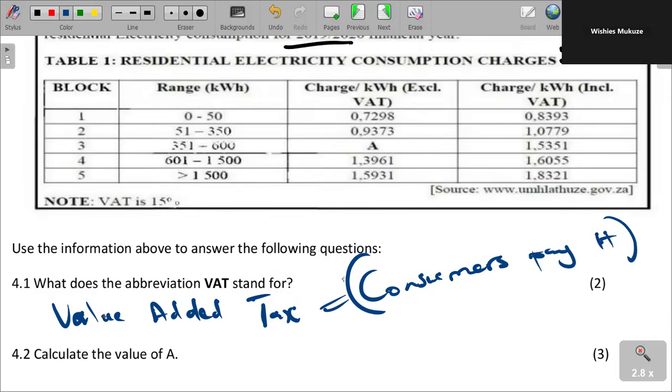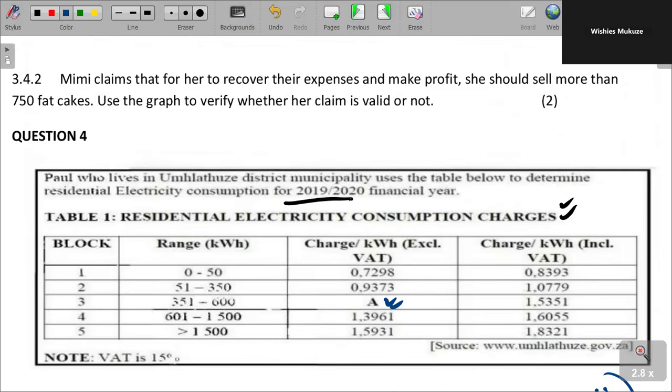So for us to get A, it is equal to the charges given, 1.5351, and then we divide it by 1.5, 1.5.1, which is given in this case.